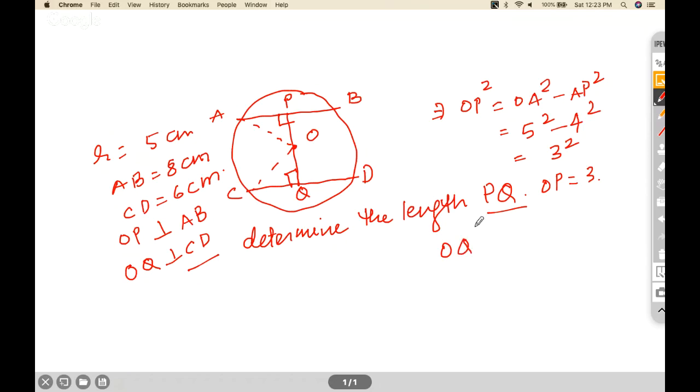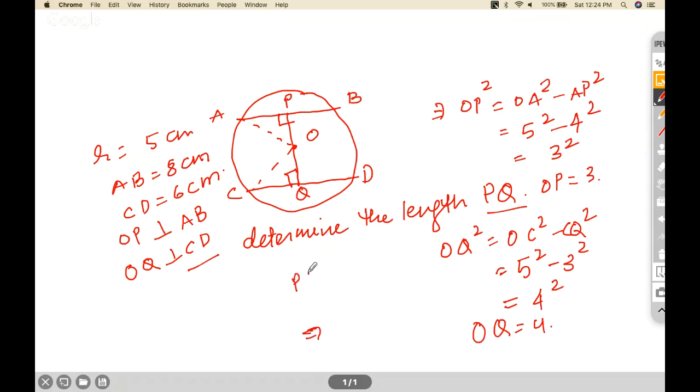Similarly, OQ square is equal to OC square minus CQ square. This is 5 square, and CQ will be half of CD, so CQ is 3. So 5 square minus 3 square is 4 square, so OQ will be equal to 4. So PQ is equal to OP plus OQ, that is 3 plus 4, which comes out to be 7. So this is how you can solve this question.